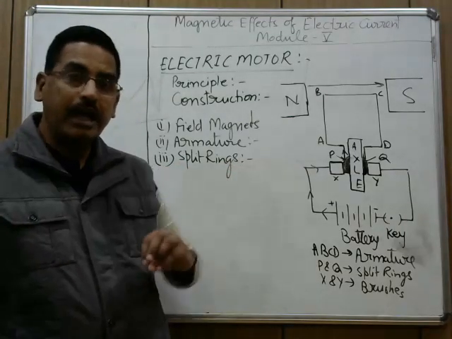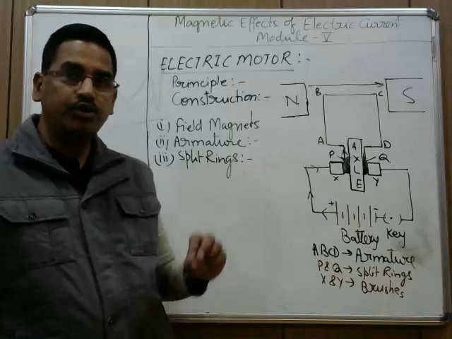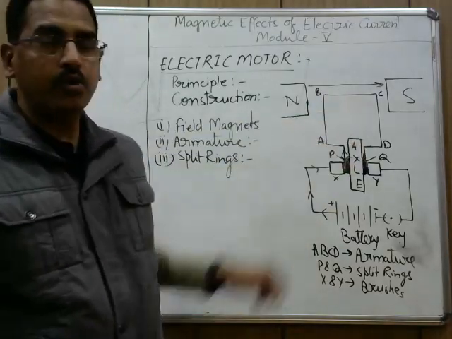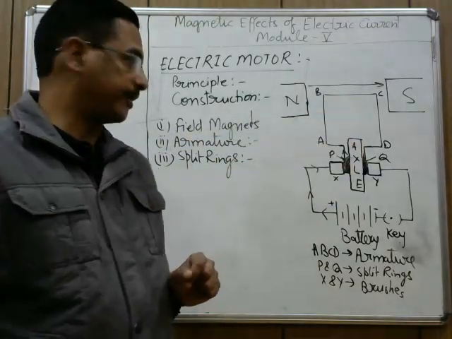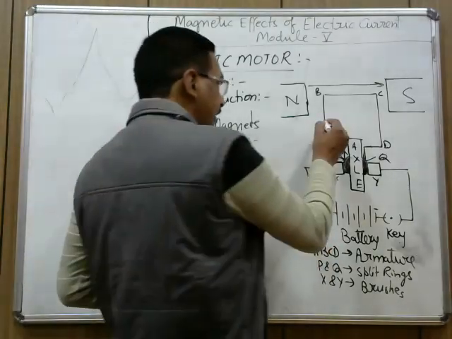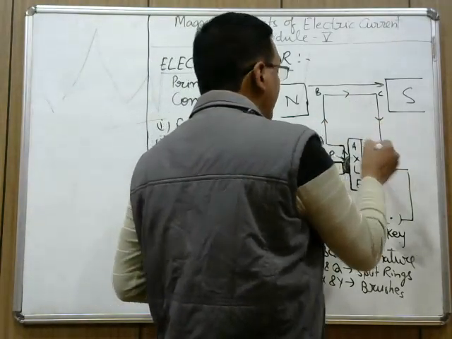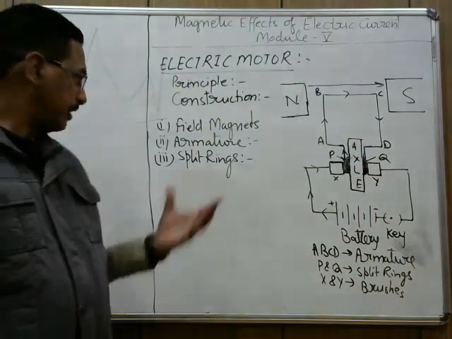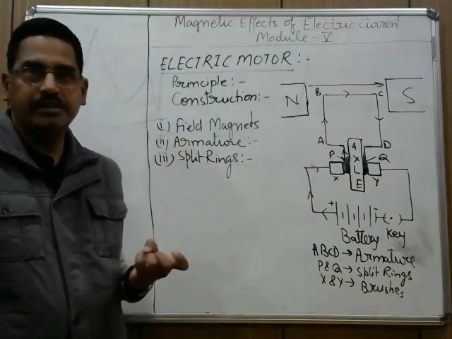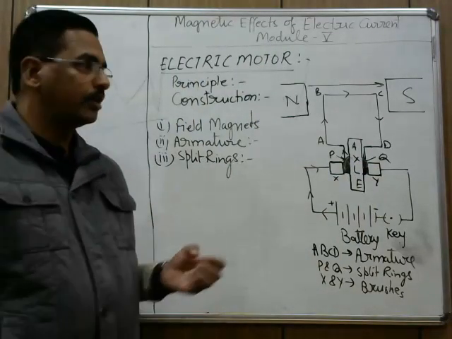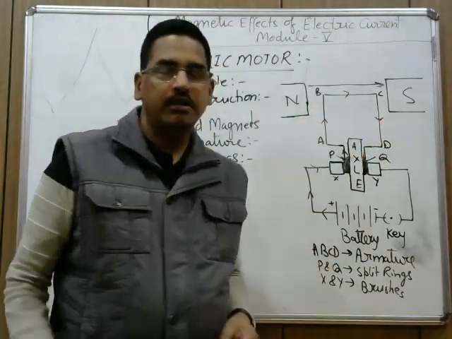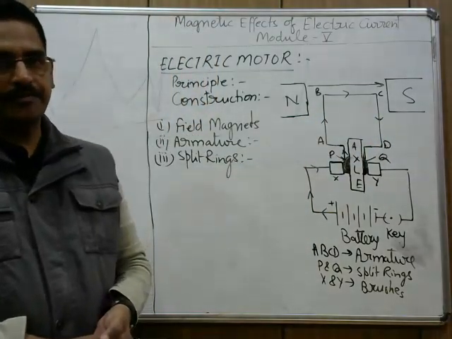The function of a split ring is to change the direction of current in the coil after each half rotation. Now how the direction of current will be changed, I will explain to you. But the important function of split rings is to change the direction of current in the coil ABCD.